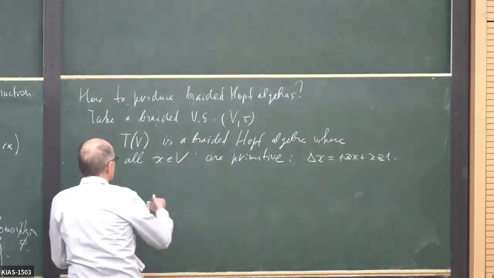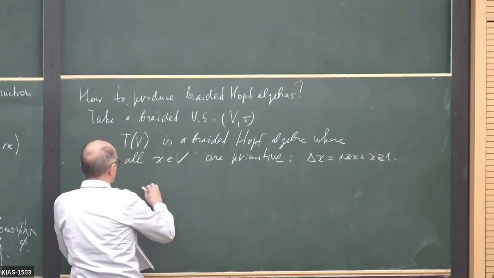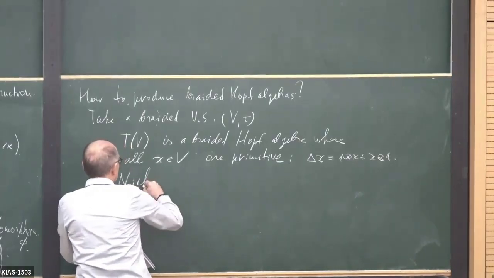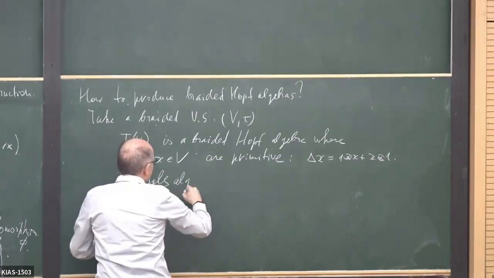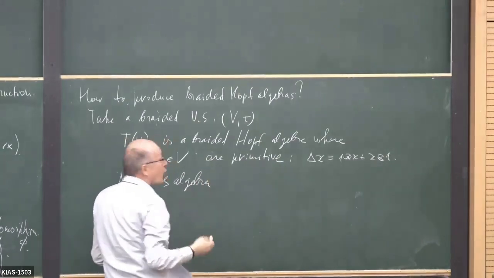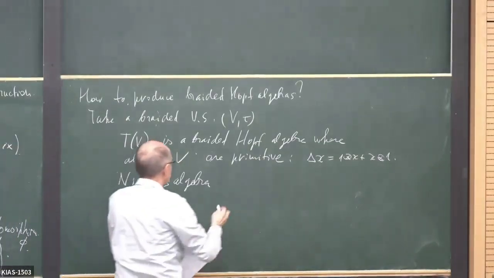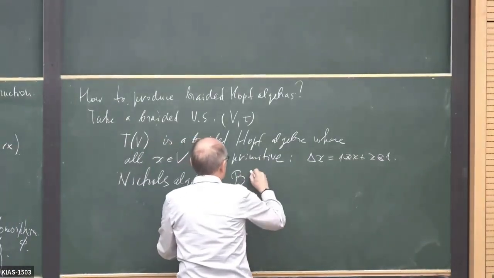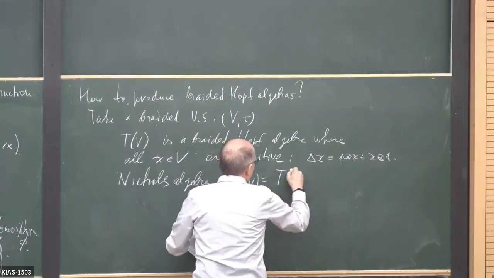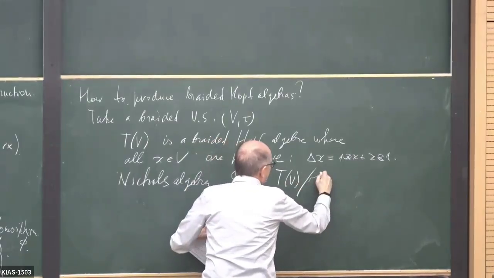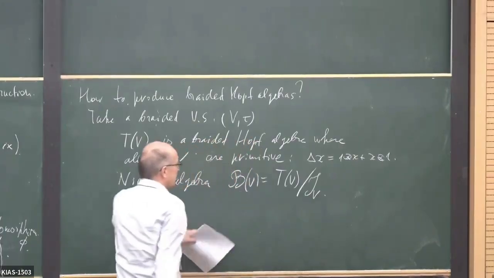And here comes the notion of a Nichols algebra. So a Nichols algebra is a maximal braided Hopf algebra reduction of T of V. It is usually denoted B of V, T of V quotient by some ideal J_V.